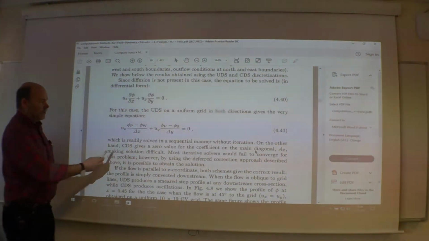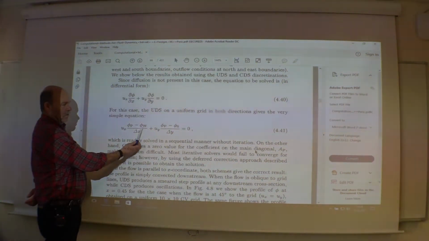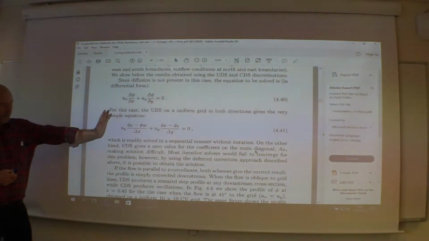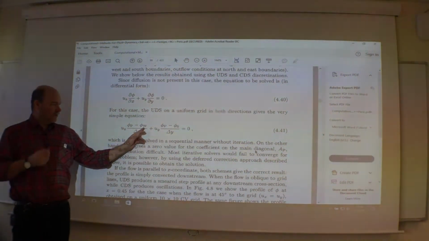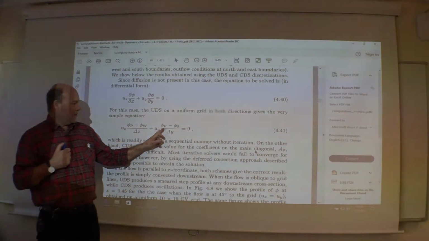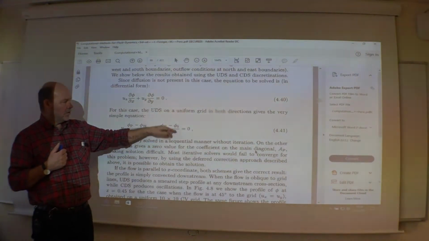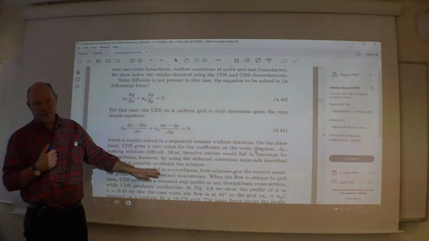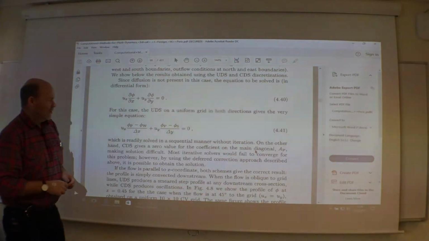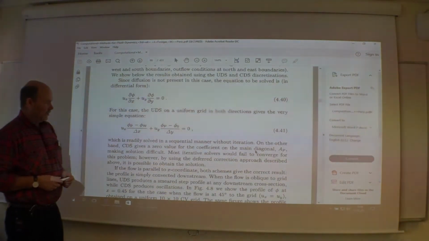So here we create a derivative taking the central point minus just the western point, because it's moving to the right. So west for the upwind. And in the y direction, you take the center point minus the southern point, the down point, because it's transported upwards. So from this equation, it is very easy to find a solution.